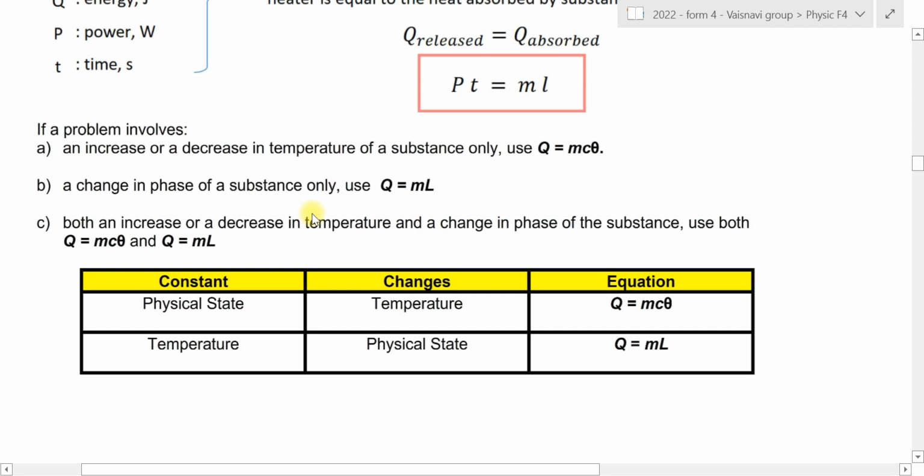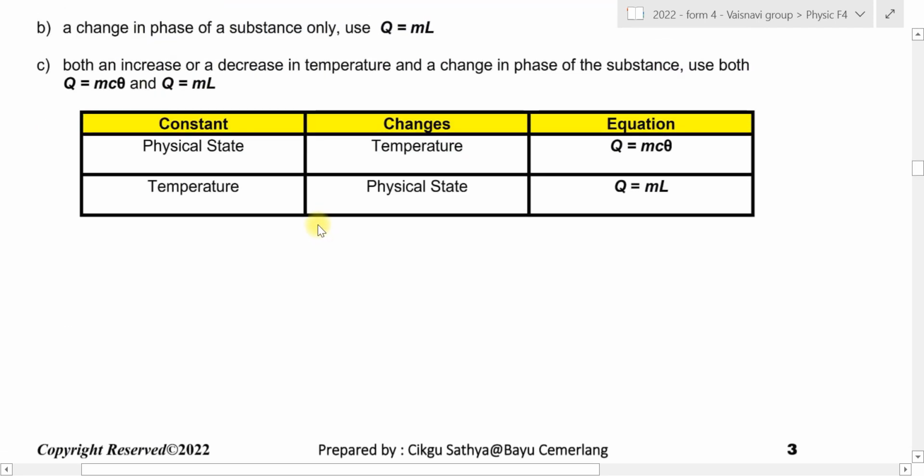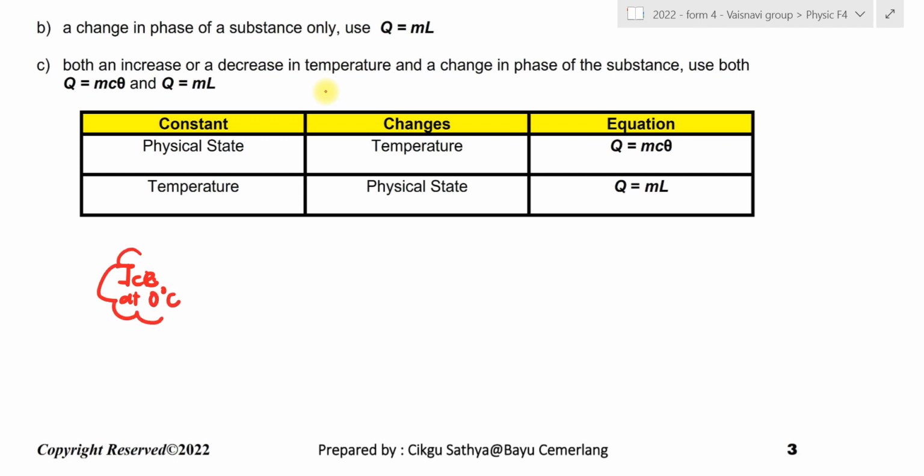Okey, bila kita kena guna MC theta, bila kita kena guna ML. Contoh okey, katakan kita ada satu ice at 0 degree Celsius. Okay, it will start to melt, becoming water at 0 degree Celsius also.